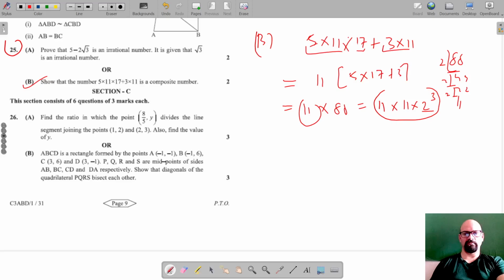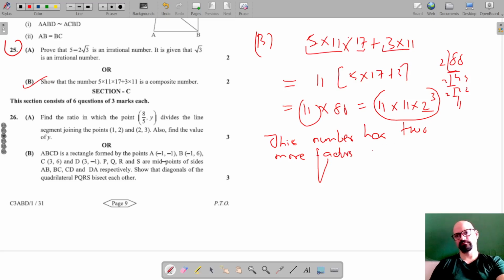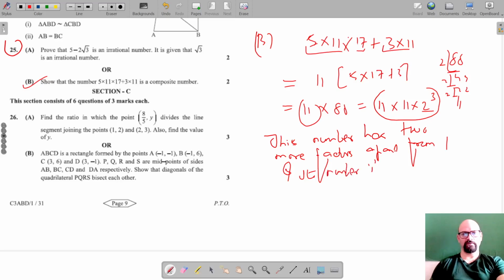So that means the given number has more factors apart from one and the number itself.